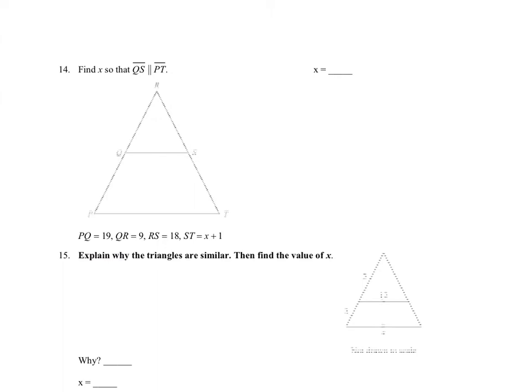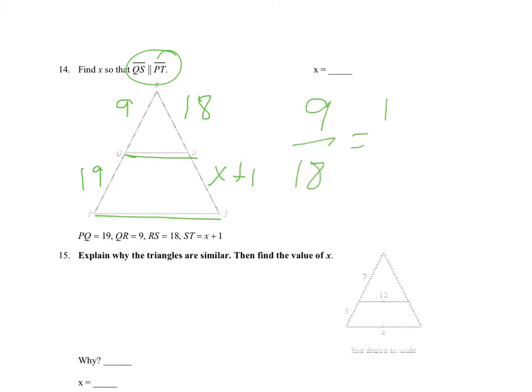Okay, and here I have some values. They give me that PQ is 19, QR is 9, RS is 18, and ST is x plus 1. And it's saying to prove that these two segments are parallel. Well, if they're parallel to each other, we should have a proportion. They should be proportional. The segments that are divided by specifically QS. So we have 9 over 18 should be proportional to 18 over x plus 1.